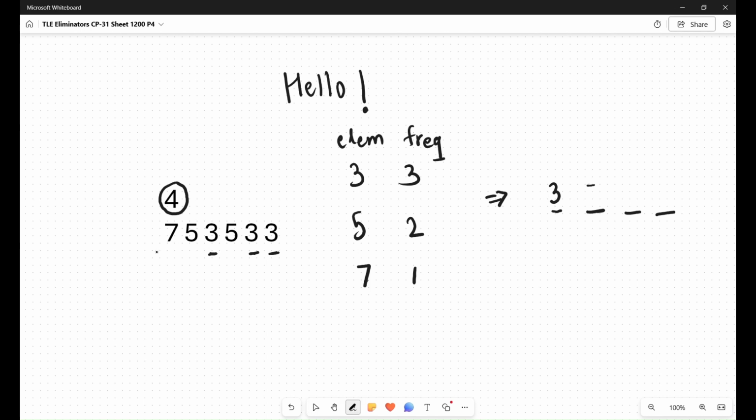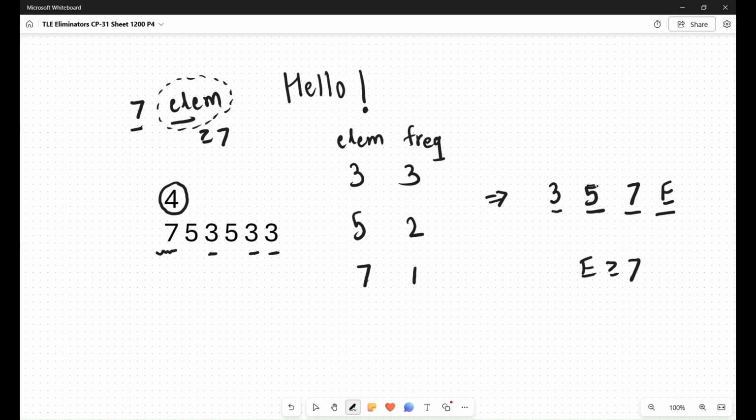Okay, so one more thing to notice, that 7 is appearing once. So 7 is in the array and there is one more element that is greater than or equal to 7, right? So this will be the maximum element of our array A. Let's call it big E, and here it will be 7, and we know that element should be greater than or equal to 7, and here it should be 5.